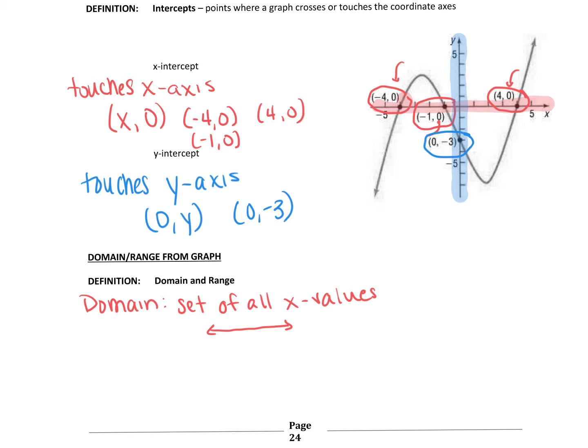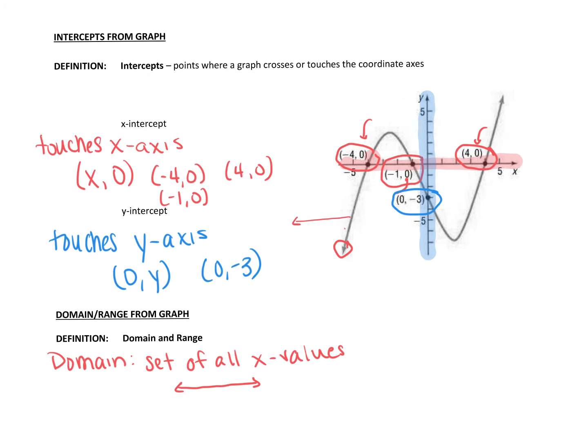If we look at this particular graph, reading from the left side, we see that this arrow over here means that it's going forever in this direction. And this arrow up here means that it's going forever in this direction. And remember, those arrows mean that this is negative infinity and this is positive infinity. So for this particular graph, the domain is all reals.